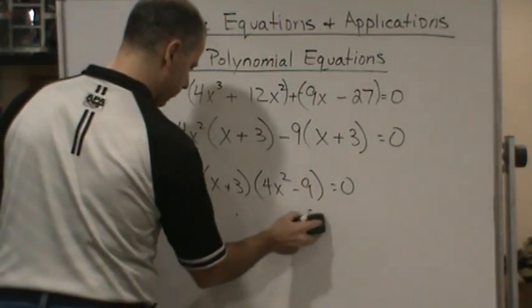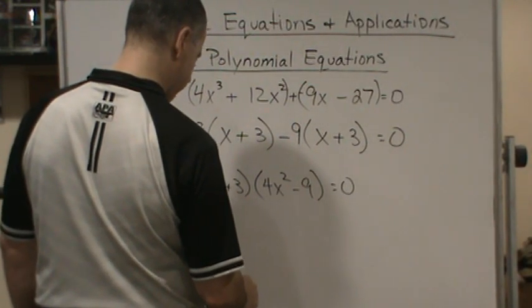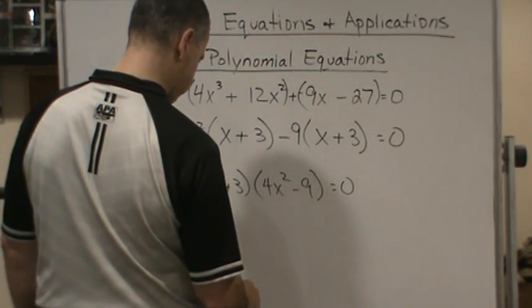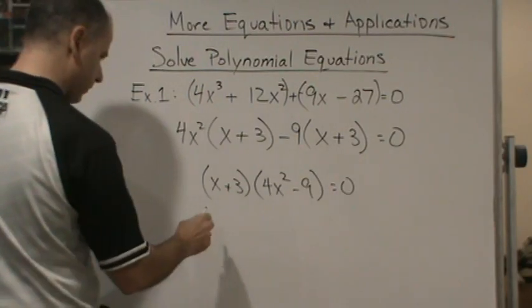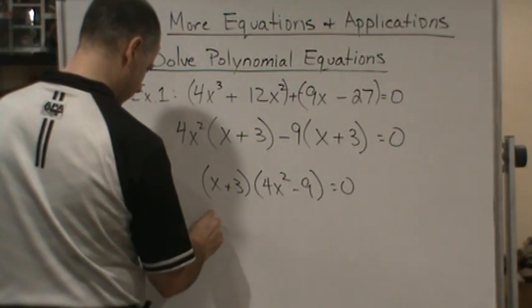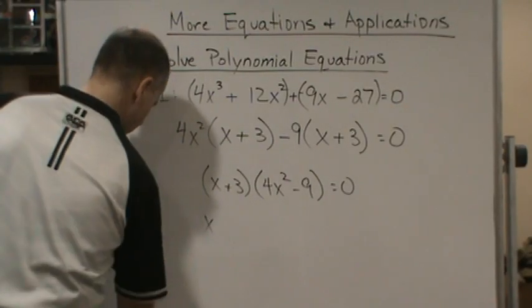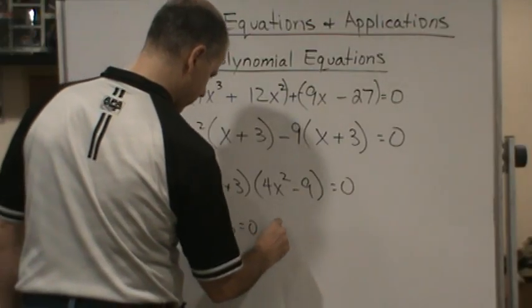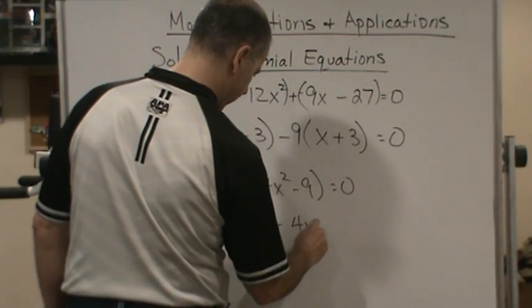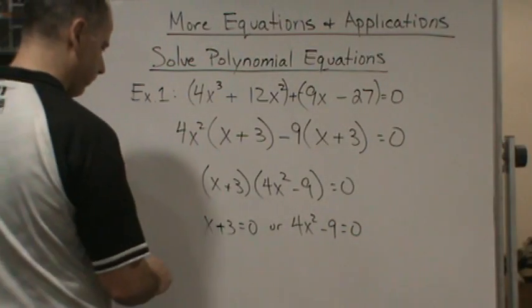Got ahead of myself. We can keep factoring. Actually, no, we could solve this one too. I'm sorry. x plus 3 is equal to 0, or 4x squared minus 9 is equal to 0.